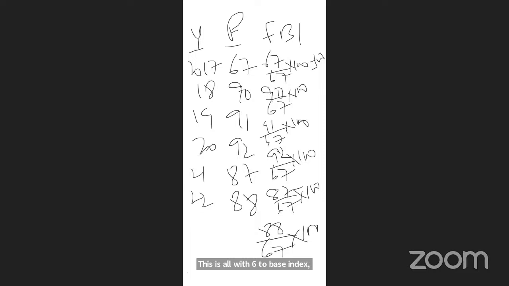The first one is fixed base index. Fixed base means your denominator is fixed: 67, 67, 67, 67, 67. We have to take the first price.